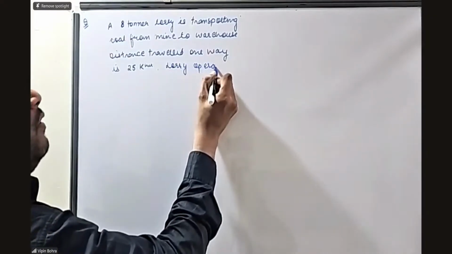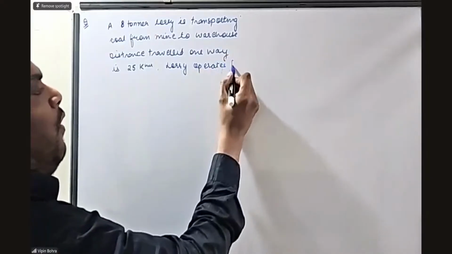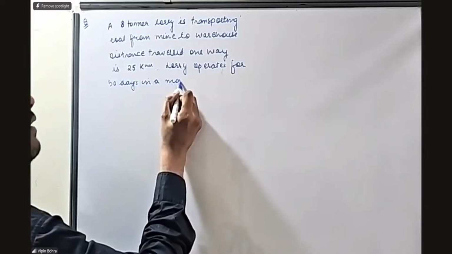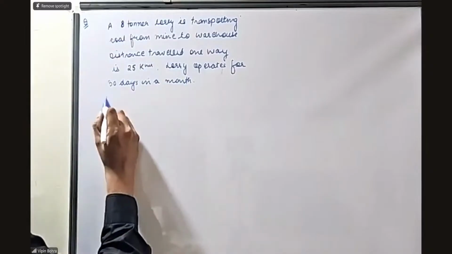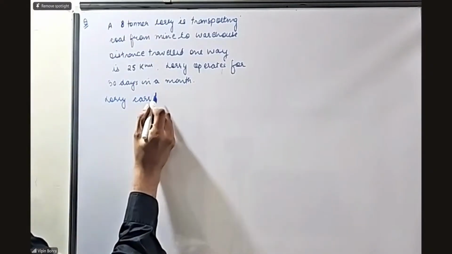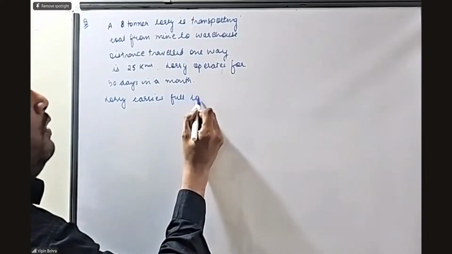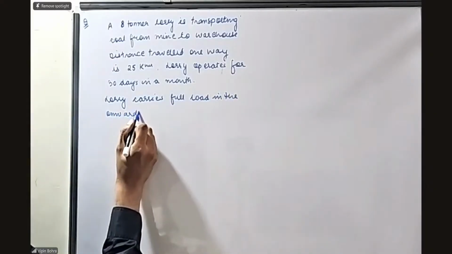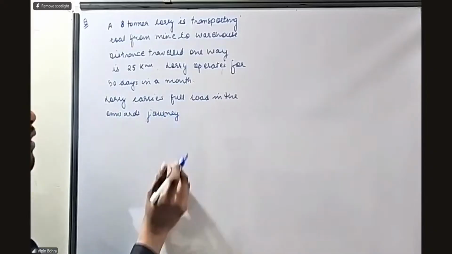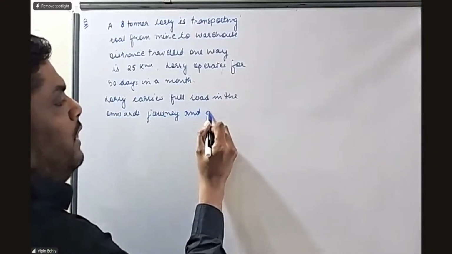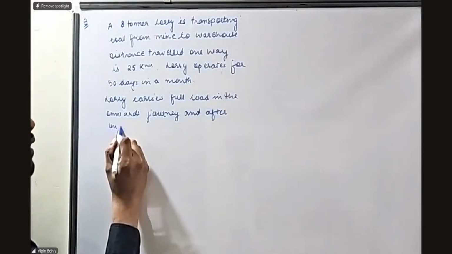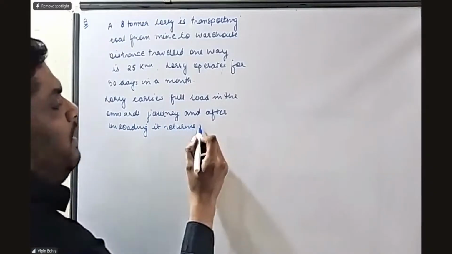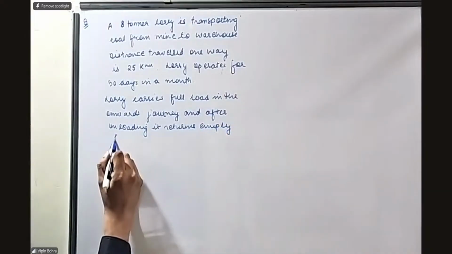Lorry operates for 30 days in a month. Lorry carries full load in the onward journey and after unloading it returns empty from warehouse.